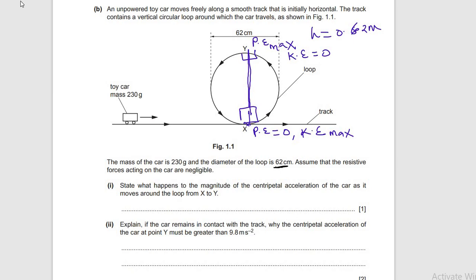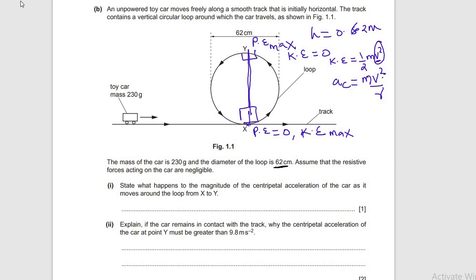Since kinetic energy decreases, and kinetic energy is a function of velocity, half mv squared, and centripetal acceleration involves mv squared over r, velocity decreases.